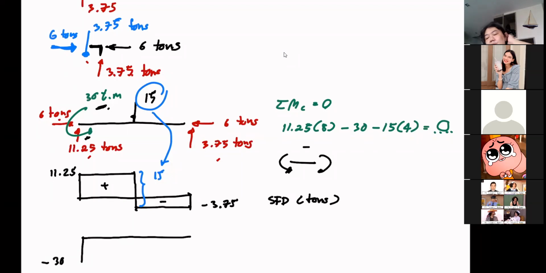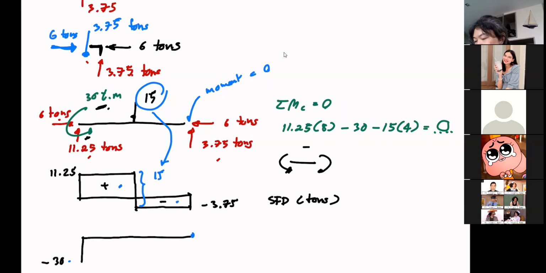Now we know that at this end the moment here must be 0. Otherwise, your free body diagram is wrong. So moment here is 0, you know that in the end, this value better come down to 0. In other words, the positive area and the negative area should in the end be equal to 30.